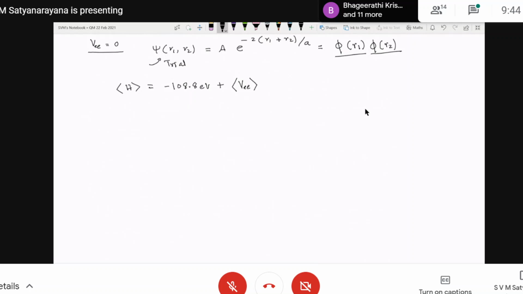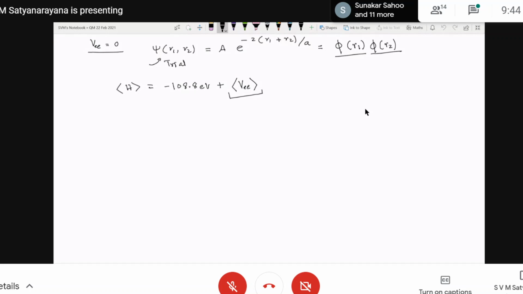So you have to calculate the expectation value of this VEE, and if you can calculate that and add it to that, then you will get a value which is different from this minus 108.